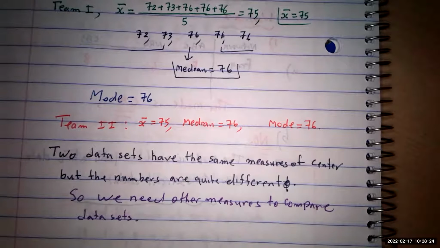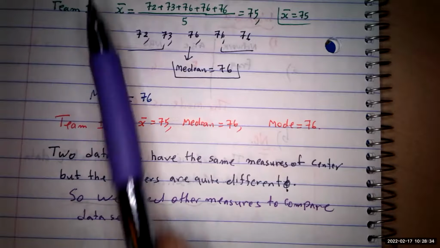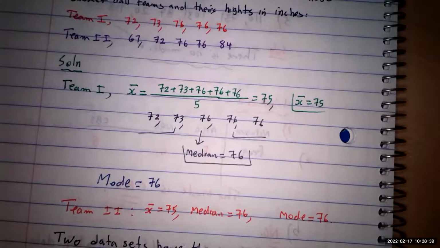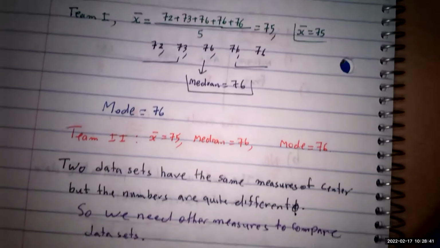The measure that we're going to use is called the variation. Measures of variation, or measures of spread. We want to check how the numbers vary from one to the other.